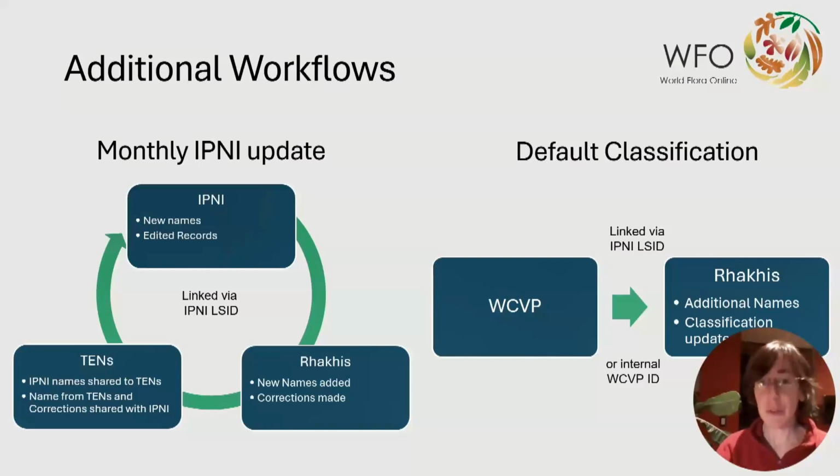We also import our default classification from the World Checklist of Vascular Plants, which is produced by the Royal Botanic Gardens Kew. This is a source of additional names and updates to the classification, and in many cases our TENs use the WCVP data as a baseline from which to begin their editorial work.